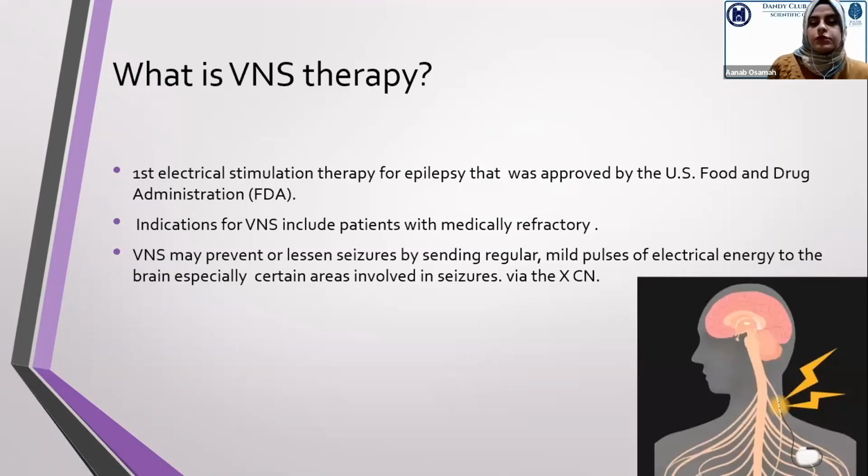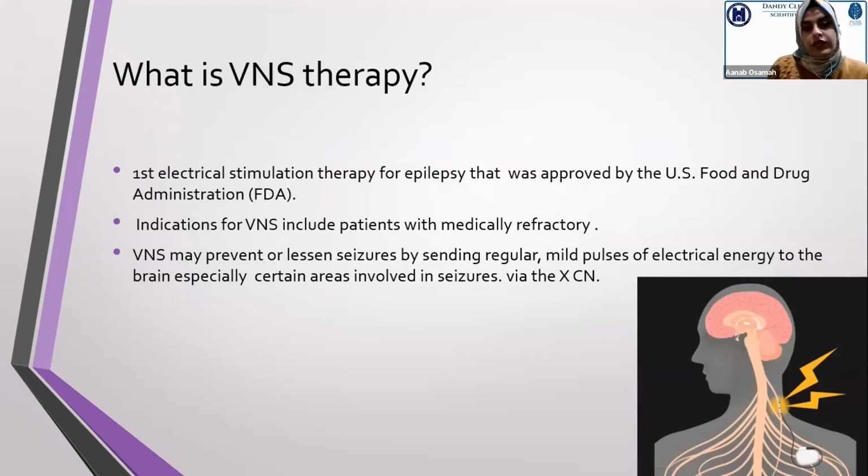Vagus nerve stimulation, or VNS, is considered a functional neurosurgery and was the first electrical stimulation therapy for epilepsy. The most important point is that the patient has multiple seizures in a day despite a high dose of anti-epileptic drugs, so the epilepsy is medically refractory, or resistant, to anti-epileptic drugs.